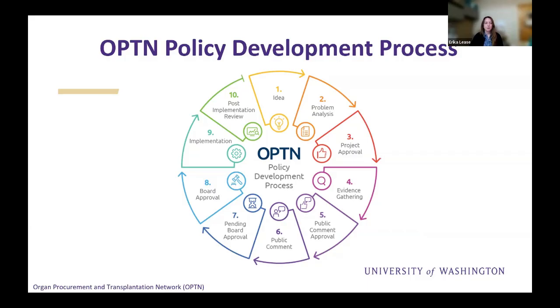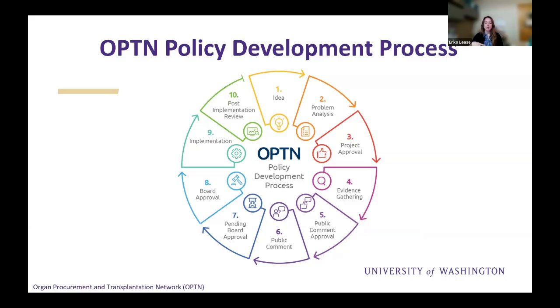After a policy proposal is created, then it can go out for public comment. And public comment is really a critical component of policy development in the United States. Anyone can comment. In this standard policy development process, public comment is prospective, meaning that the policy has not yet been implemented.